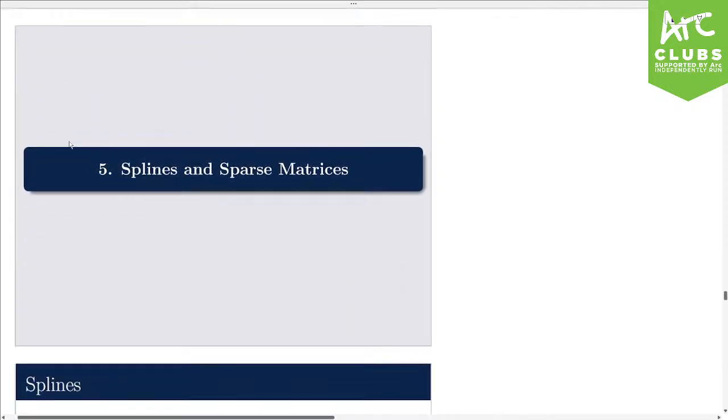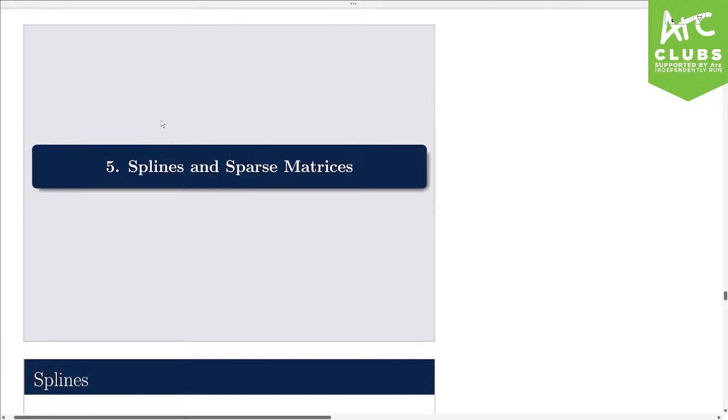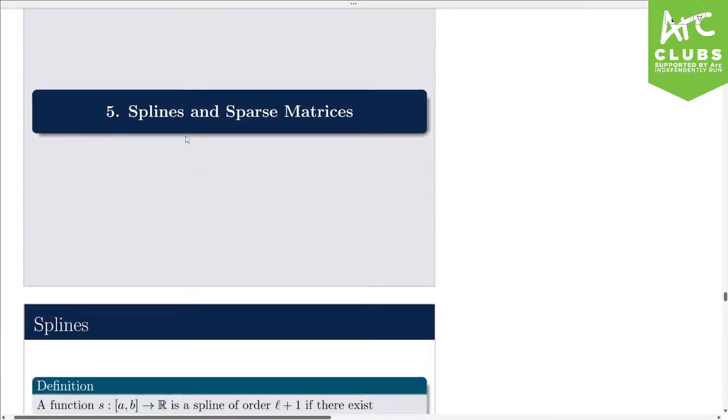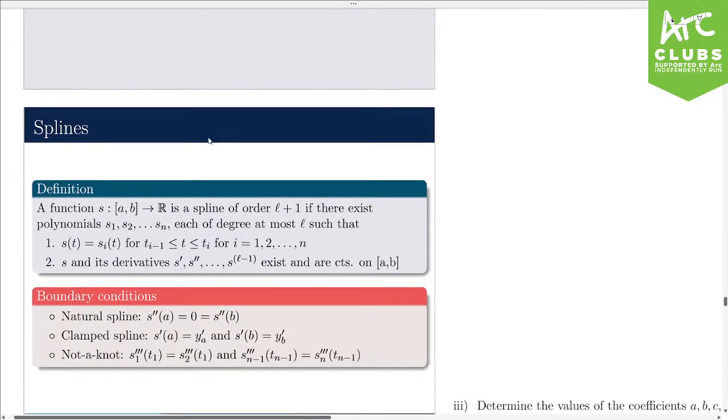Now we'll move on to topic 5, so splines and sparse matrices. Let's start with splines. So splines are basically, you have a bunch of data points, and then you get polynomials that fit between each pair of data points and kind of glue them all together.